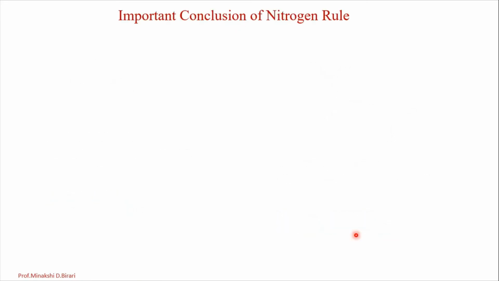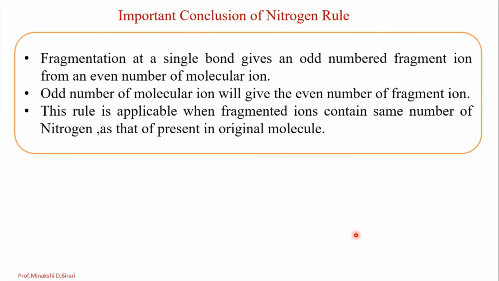Now let us see the important conclusion of the nitrogen rule. As we have studied, the effect of nitrogen atoms on the mass of the molecular ion in mass spectrometry is called the nitrogen rule. Whenever fragmentation occurs, that is the cleavage at a single bond, it gives an odd numbered fragment ion from an even numbered molecular ion.